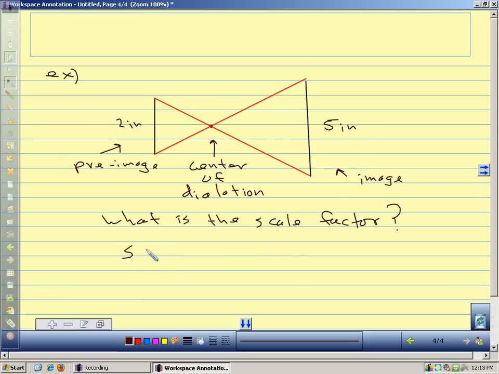So the scale factor is 5 divided by 2, and when we divide that out, we get 2.5. This segment is 2.5 times bigger than this one. So this is an expansion by a scale factor of 2.5.